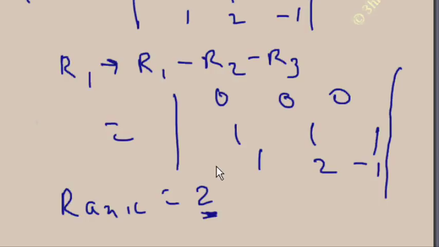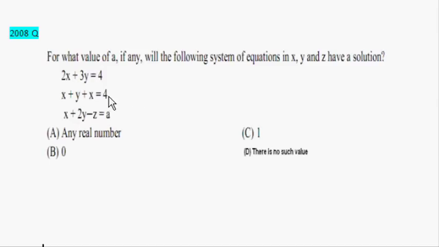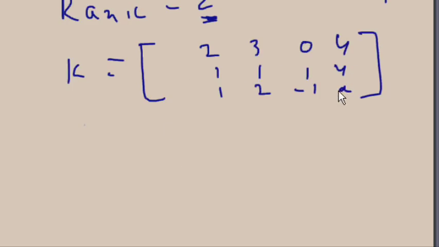And for the solution to exist, the rank of the K matrix should also be 2. So K is this matrix, and you are required to choose A in such a way that the rank is 2. This means take these 3 columns and find the determinant value.